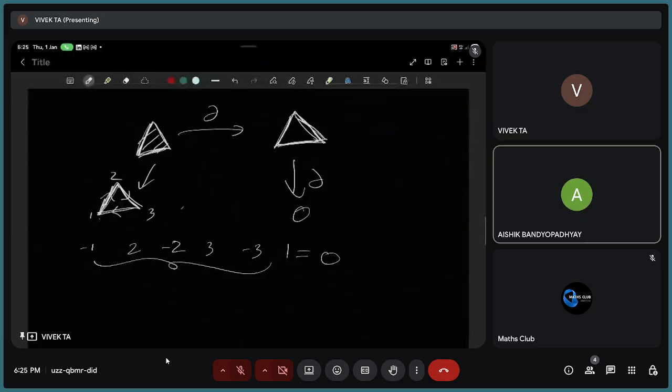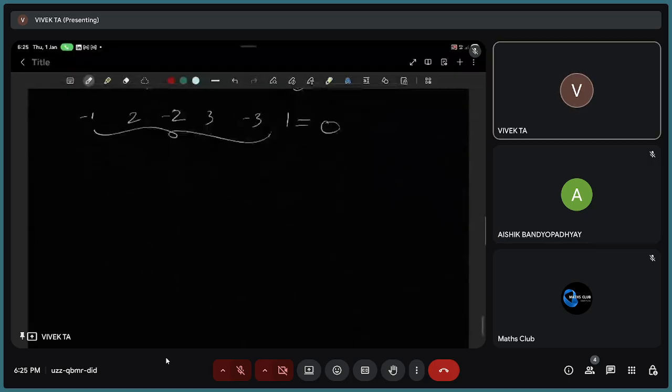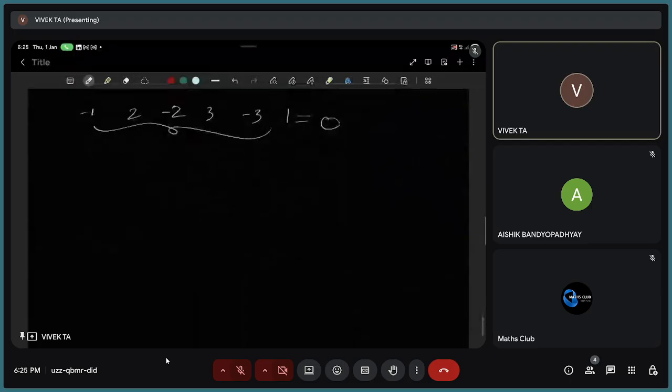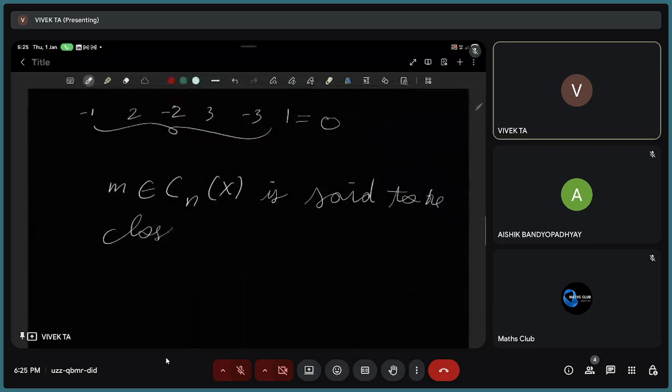Yeah. So essentially, these are called closed delta complexes. So M belonging to Cn of X is said to be closed if dou M is equal to 0.